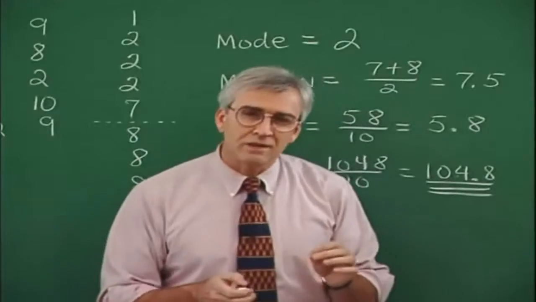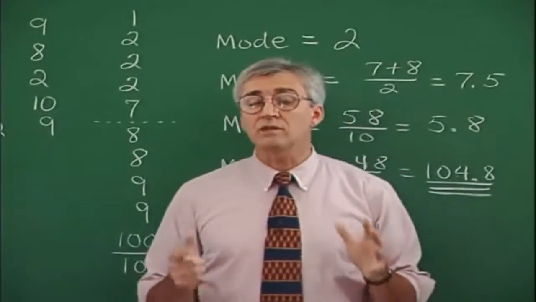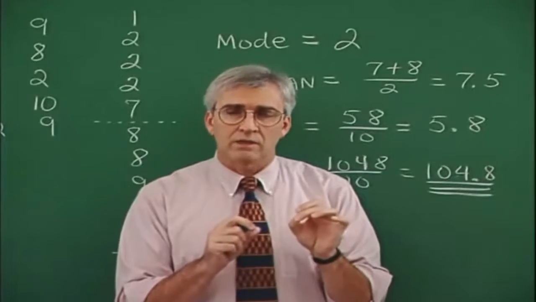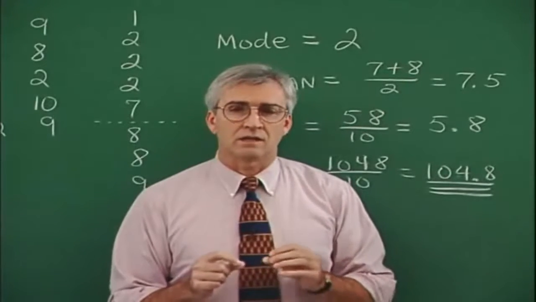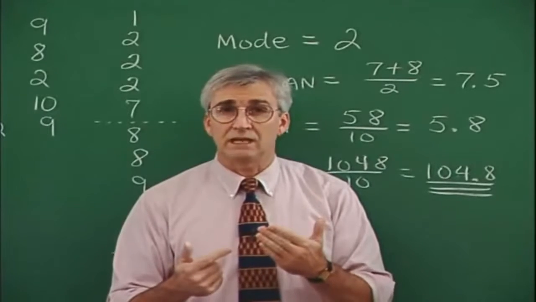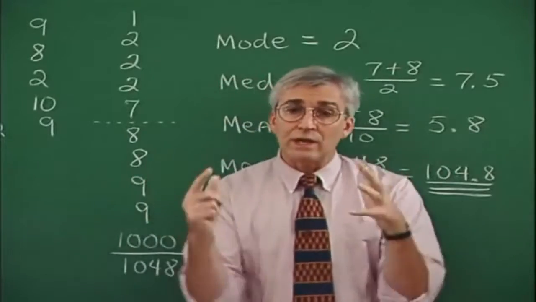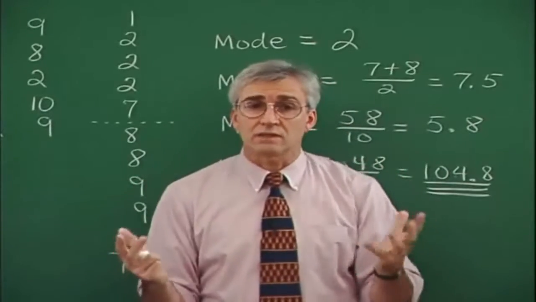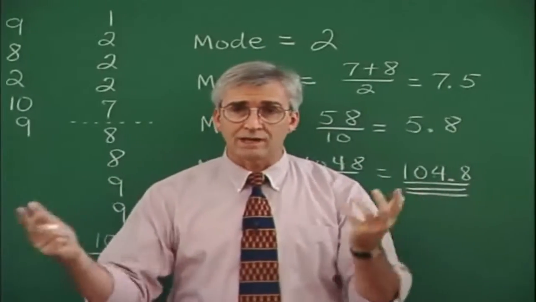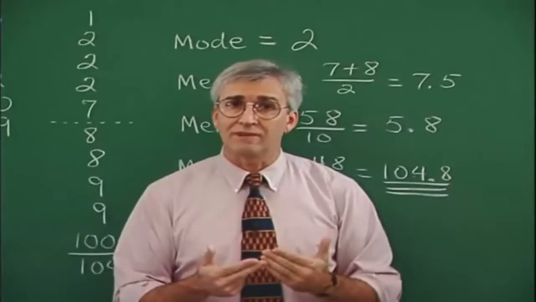To accommodate this extreme value throwing off the calculation of the mean, sometimes we can trim the data set and then calculate a mean, and sometimes it's a little more meaningful. For example, we could trim the data set by a certain percent on both ends, both above and below, and therefore hopefully take out extreme values.